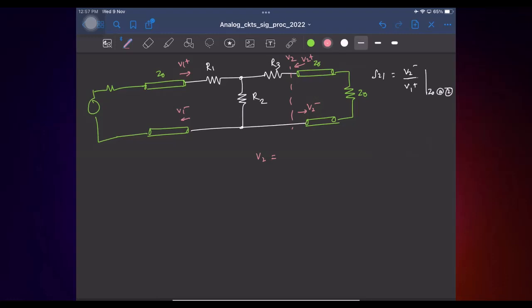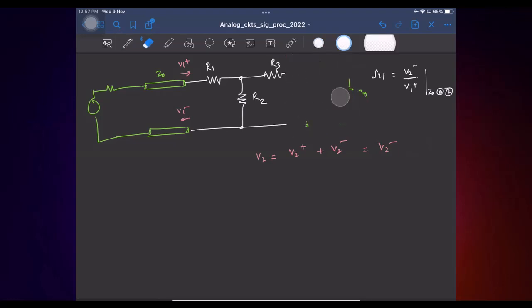It's only V2 minus, right? Ideally this is the total voltage, but we have actually matched this port here. So V2 minus goes, but nothing gets reflected. So the total voltage is V2 minus. Again, I will simplify this by replacing it with Z0, so the total voltage V2 is basically V2 minus.